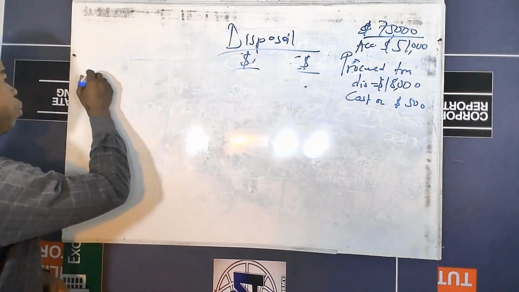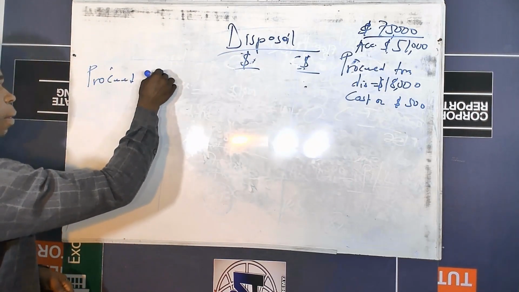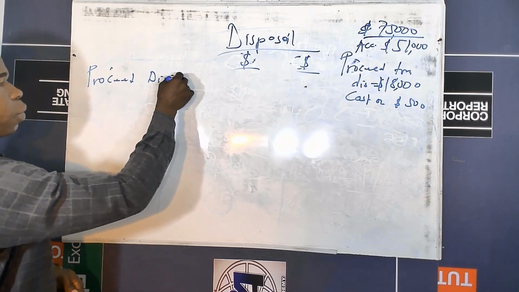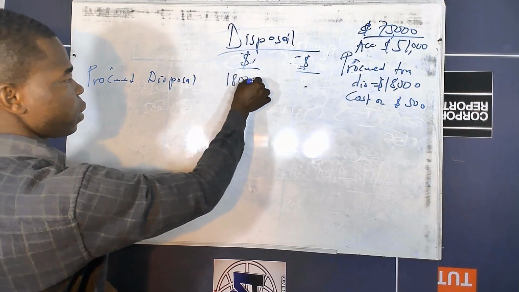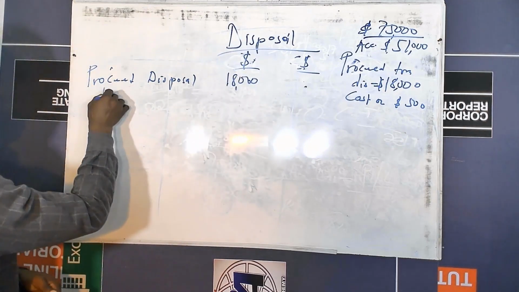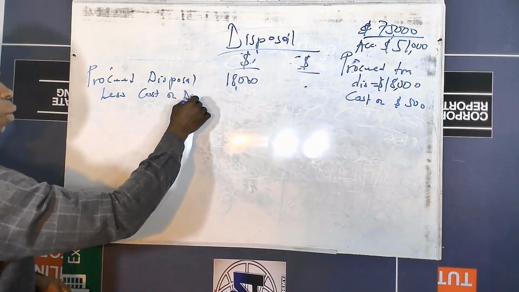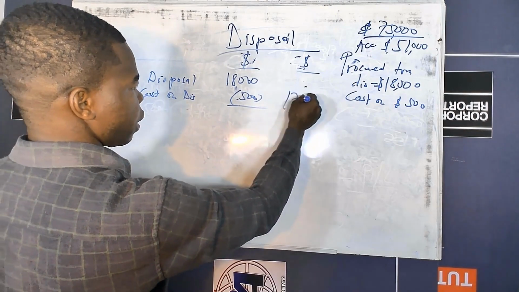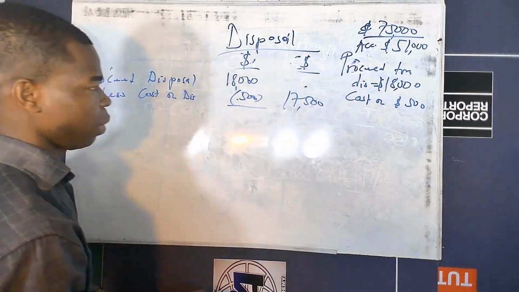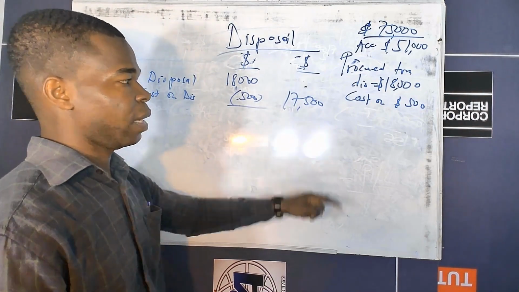So first, proceed from disposal. The proceed from disposal is 18,000, and then we less costs on disposal. Cost on disposal is 500 here, so we are going to get 17,500. That is going to be the net proceed from disposal after lessing the cost.